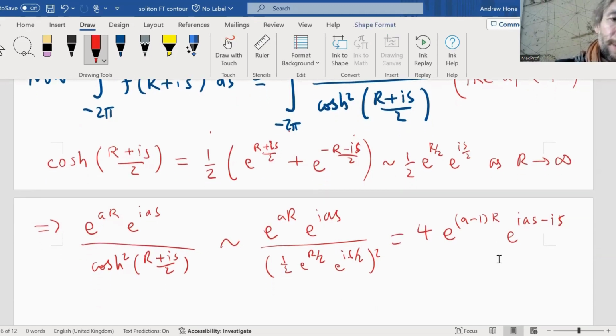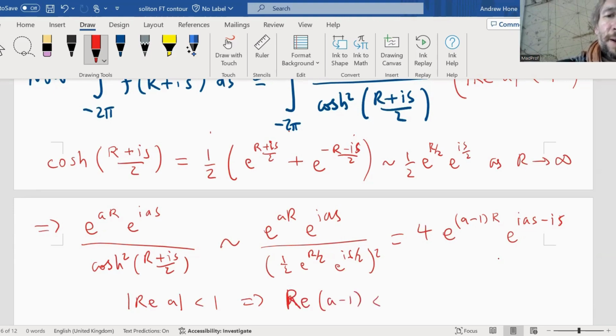Okay, so what I'm saying is that if the real part of A is between -1 and 1, that implies that the real part of A minus 1 is negative. So that tells you that this whole thing tends to 0.